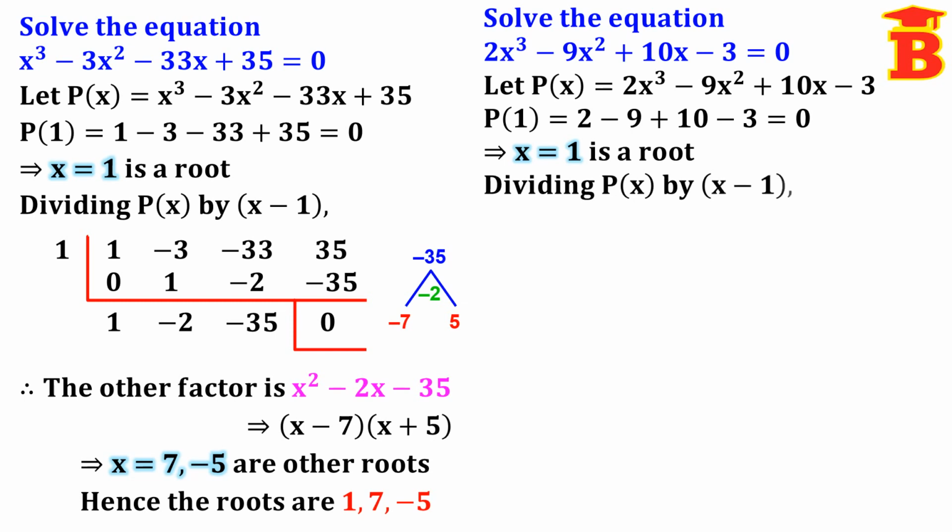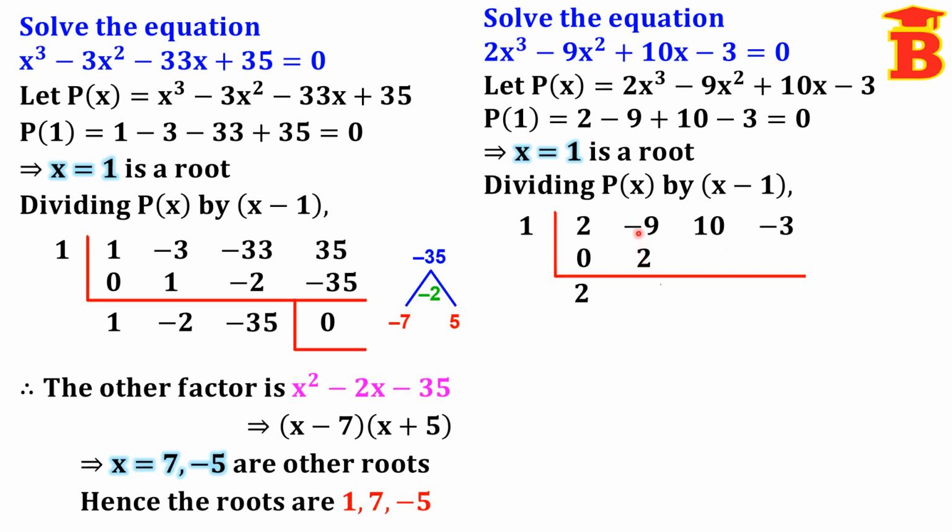So dividing P of x by the factor x minus 1, we take x is equal to 1, that is write 1 outside like this, and here take all the coefficients, that is 2, minus 9, 10, minus 3. Now we start with 0, adding this 2 plus 0 is 2, and now multiply 2 into 1, 2.